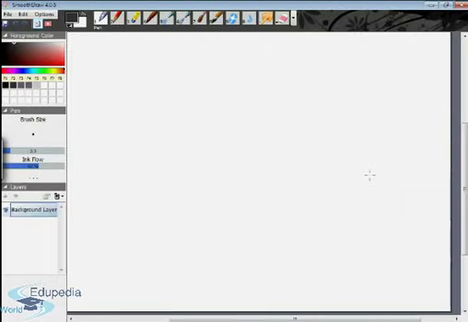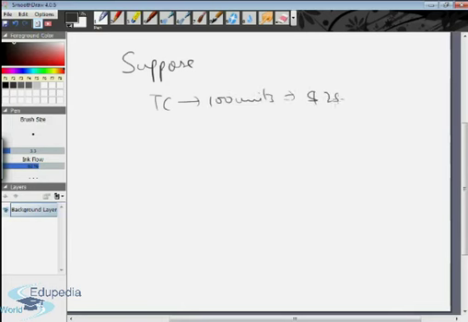Suppose the total cost of producing 100 units initially was $2,500. Now the firm decides that it will increase the production by 1 unit, because in marginal analysis we just study the increase or decrease in the total cost or total revenue when there is an increase or decrease of just 1 unit.